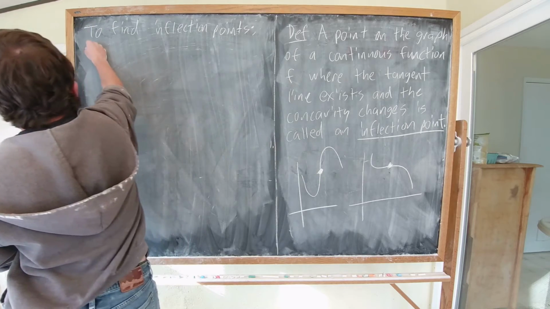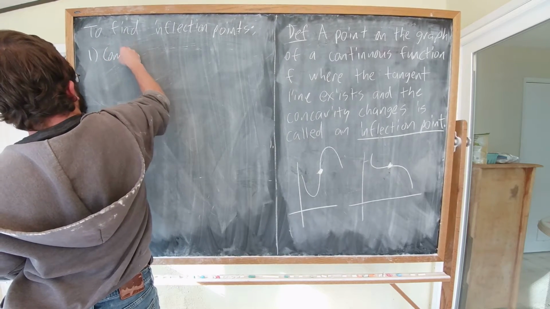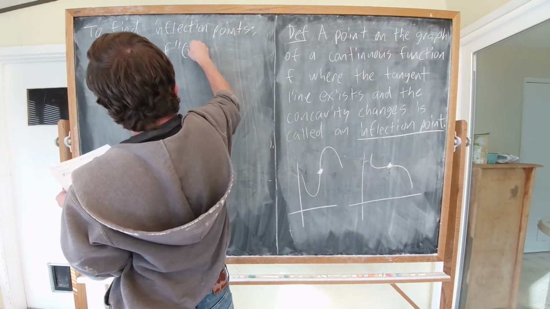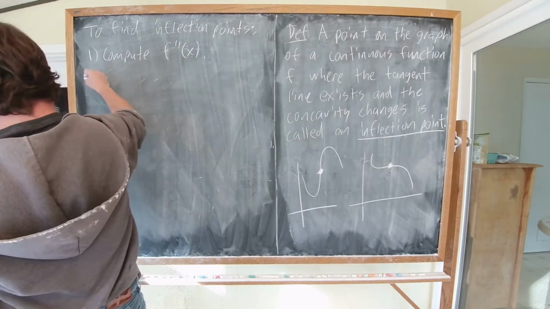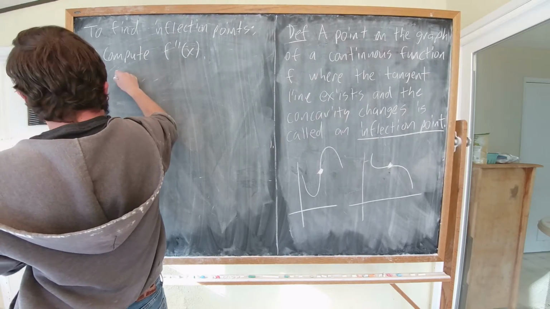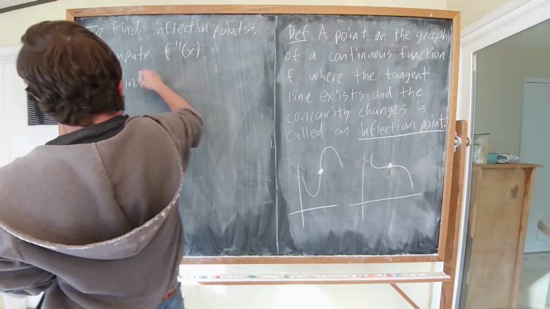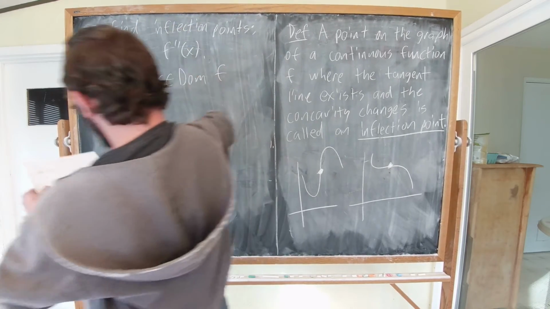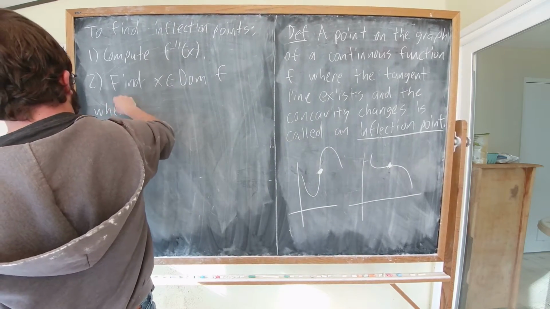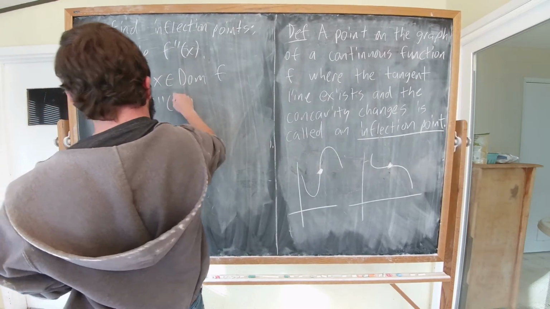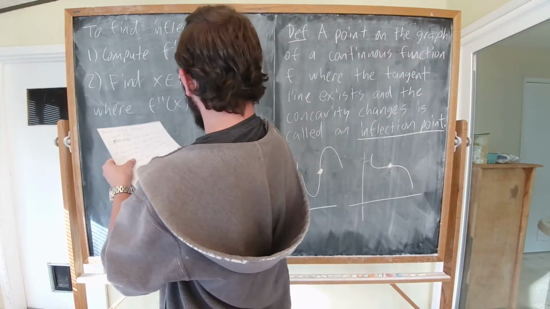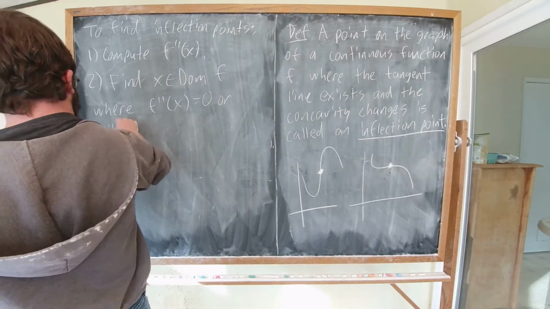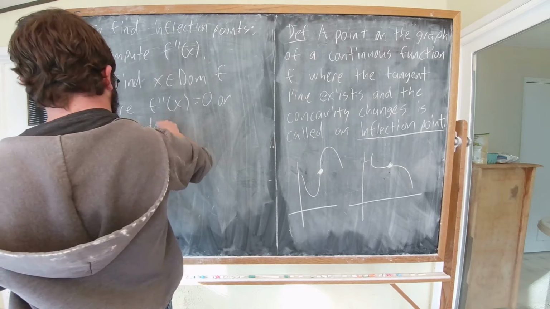So step 1, compute the second derivative, so long as it exists. 2, we're going to find points in the domain of the function where f double prime of x equals 0, or f double prime of x does not exist.